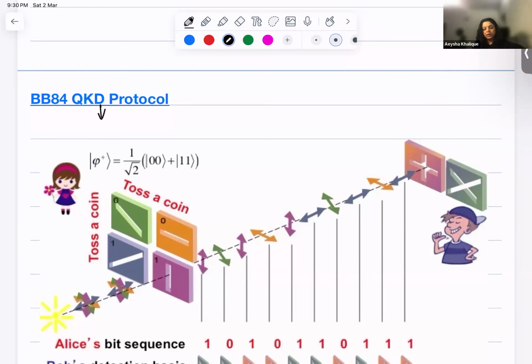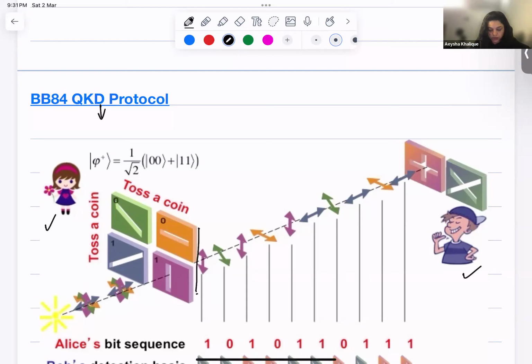So our aim will be to distribute this secret key through the open channel to the other legitimate user. This is our sender, which is Alice. This is our receiver, which is Bob. And we have these 4 states that we talked about. This is one basis set that we talked about earlier, horizontal and vertical.